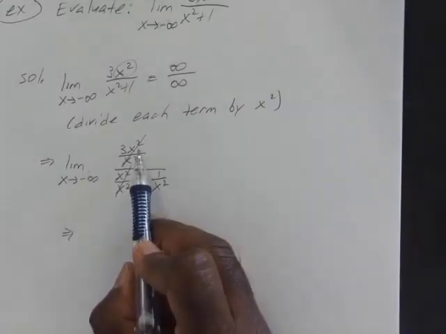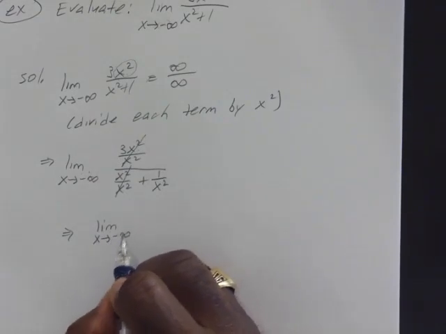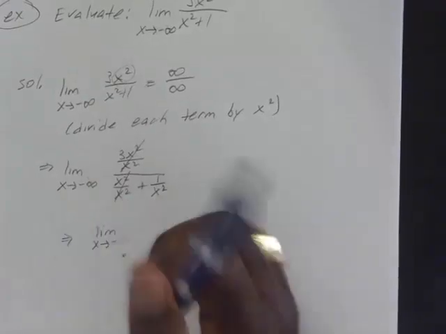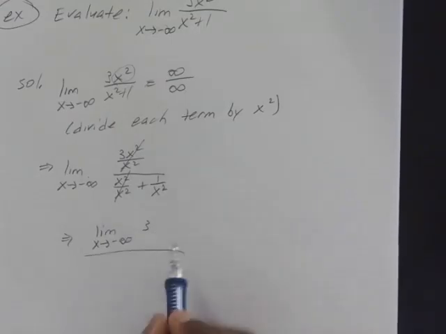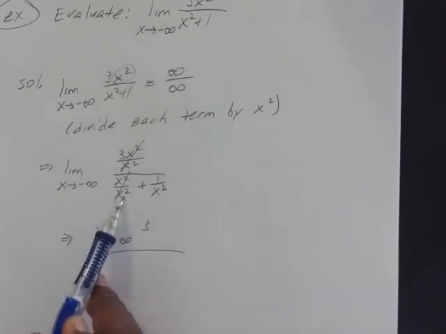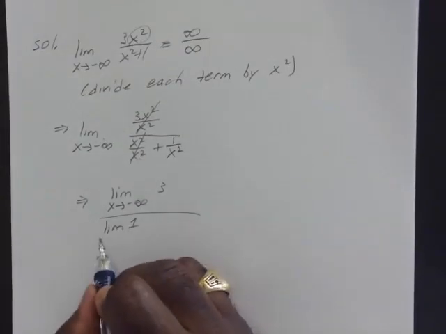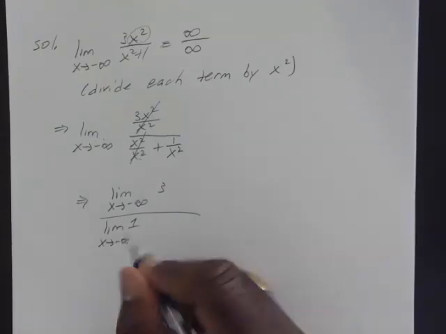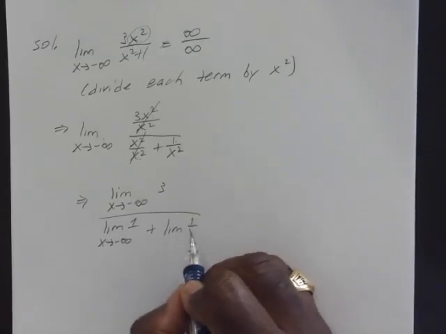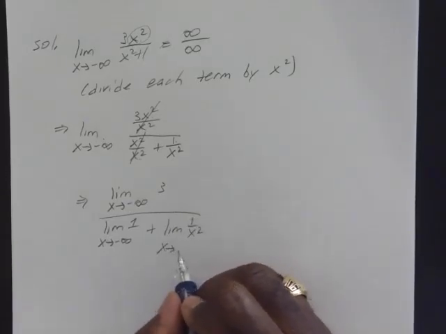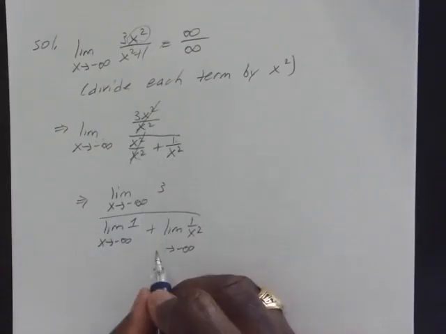So we have the limit of our numerator. That gives us the limit as x approaches negative infinity of 3, divided by, with the x squared canceled out down there, the limit of 1 as x approaches negative infinity plus the limit of 1 over x squared as x approaches negative infinity.